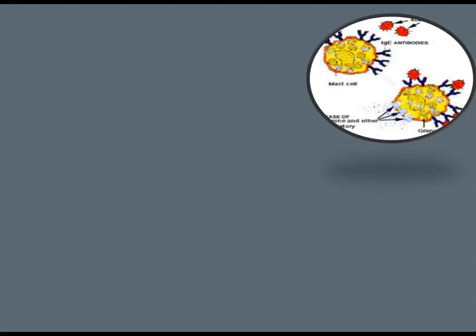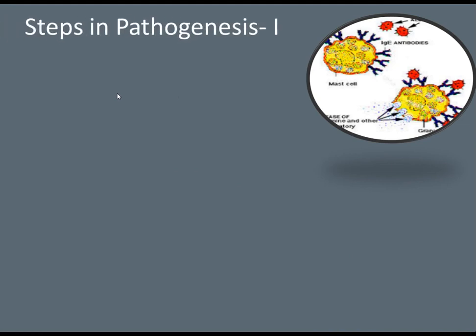Now we shall look into how the disease is produced in the body of the patient, something that the medical people term as pathogenesis. Okay. Now, there are two steps in the pathogenesis. Here we are discussing step number 1.